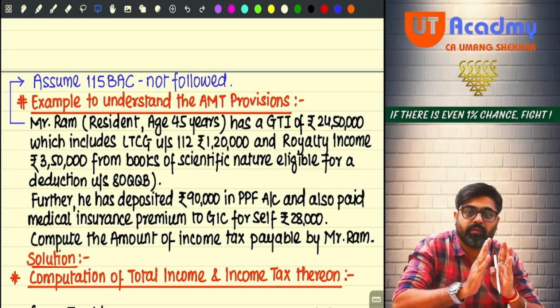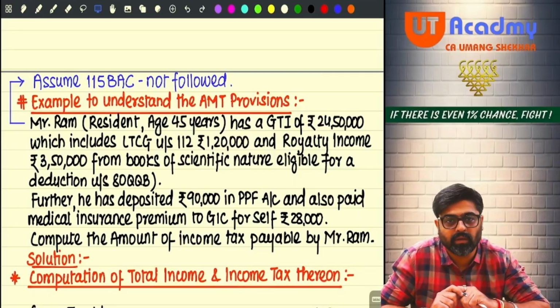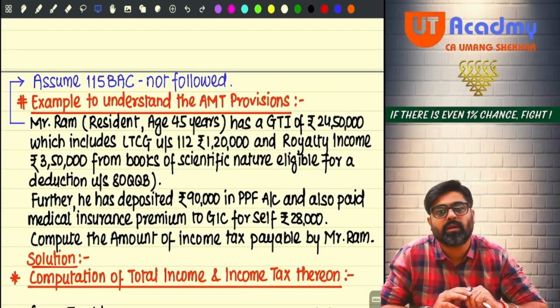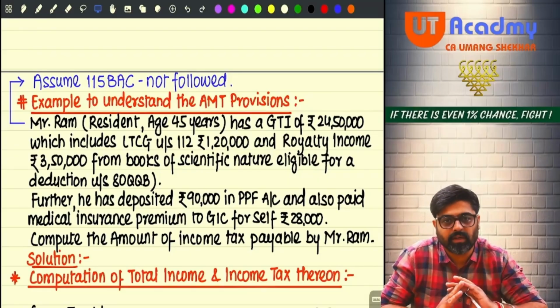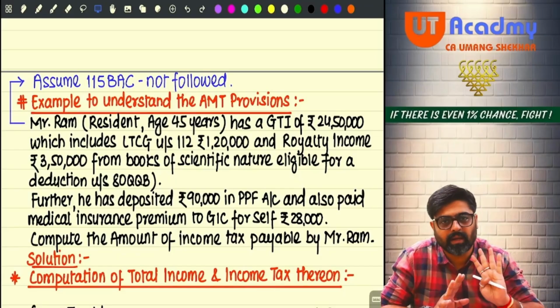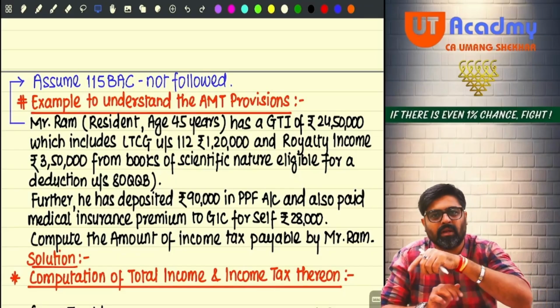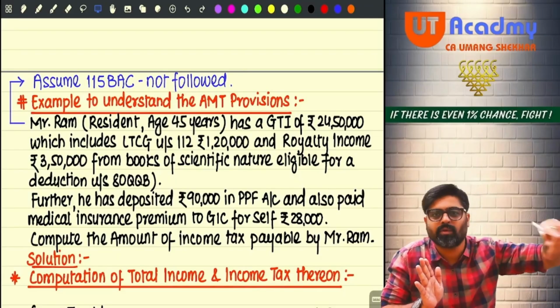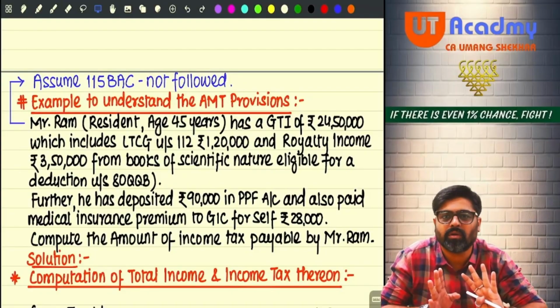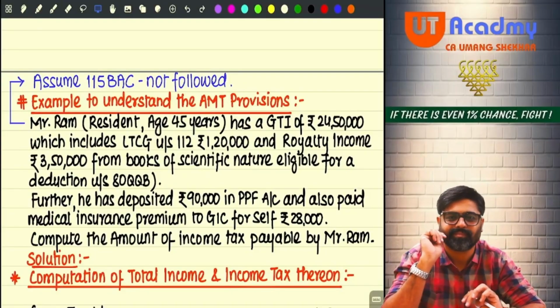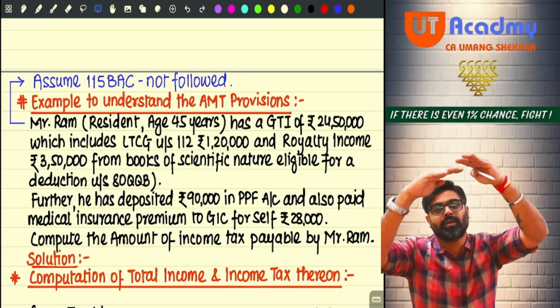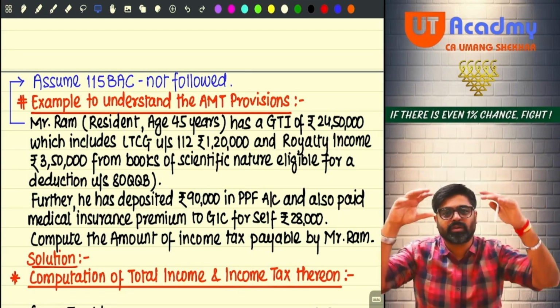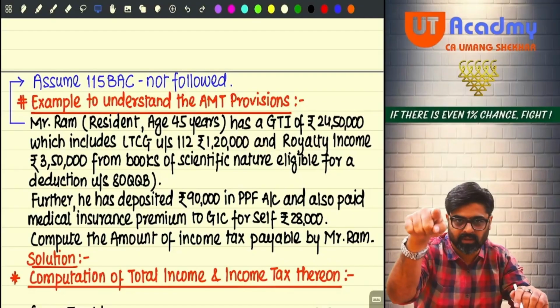That royalty will qualify for deduction under 80QQB. After taking deduction for related expenses, up to 3 lakh it can be claimed. So this 3 lakh 50 is shown taxable, meaning that after claiming deduction only this 350 is taxable. Yes or no? This is net royalty only. Gross goes, then expenses are reduced, then net amount is shown taxable, this amount.